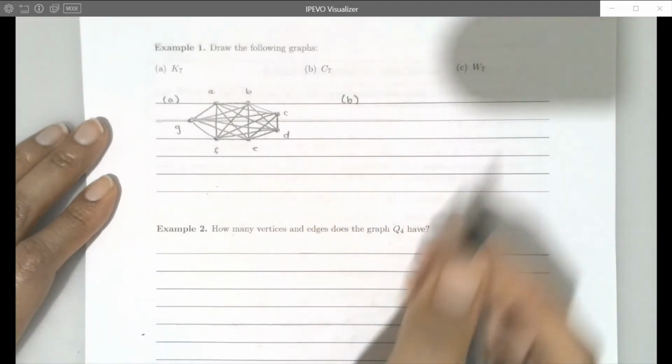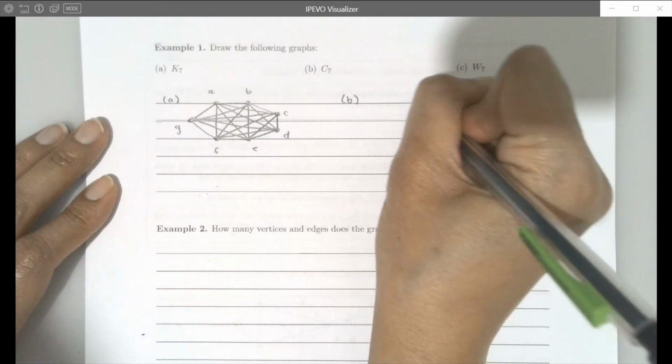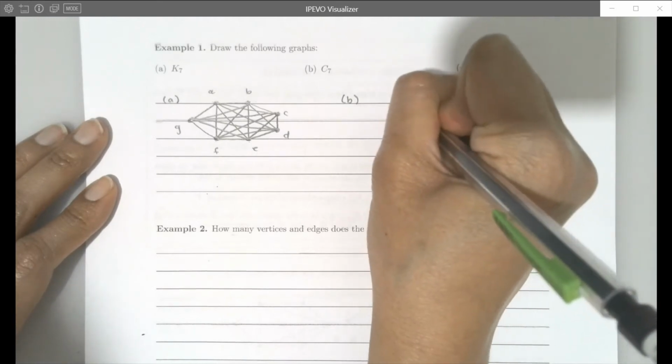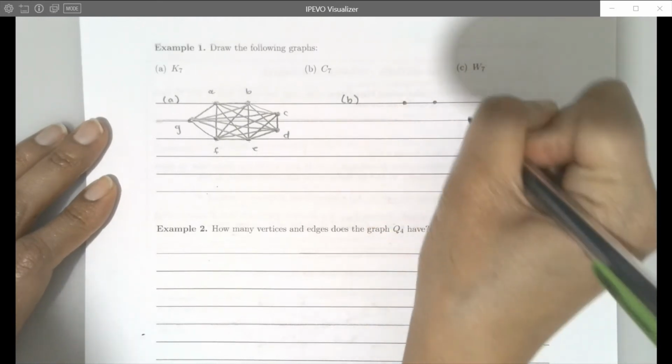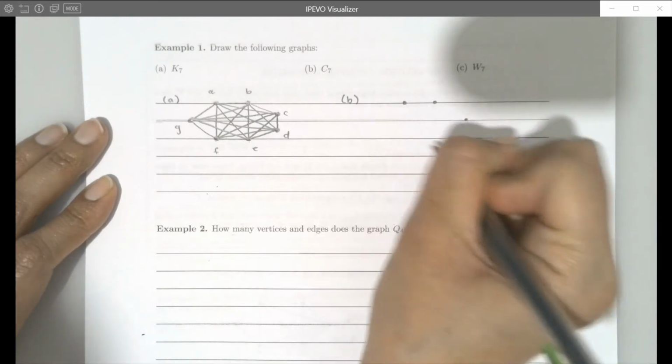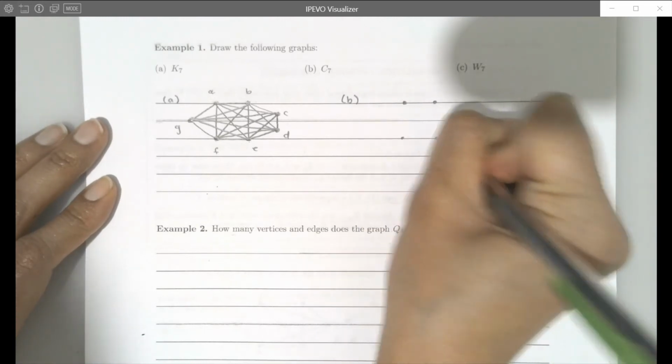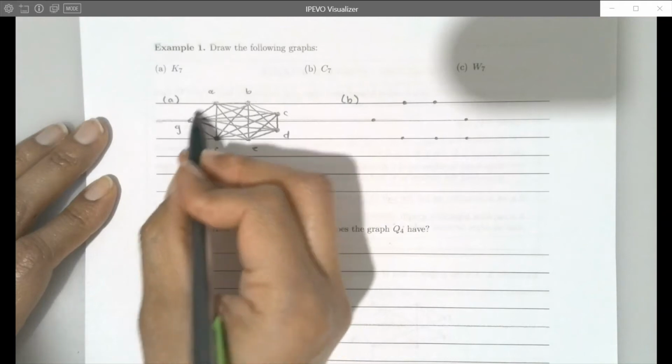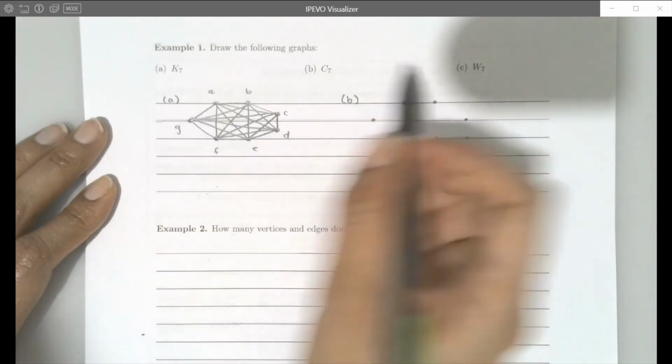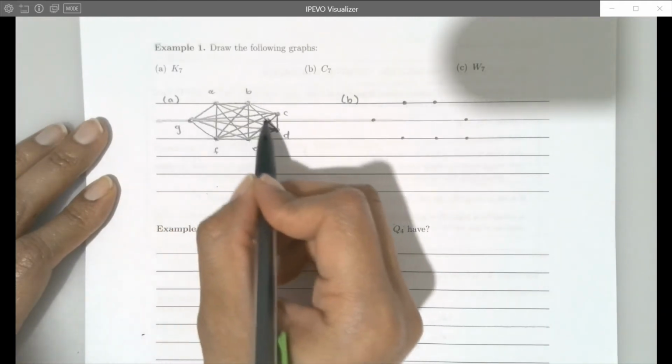Now for part B, they want us to find the cycle with 7 nodes. So it's going to look, I'm going to draw the shape similarly. And the outer part will look the same, we just won't have any of the inner edges.